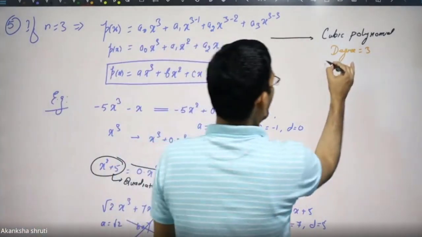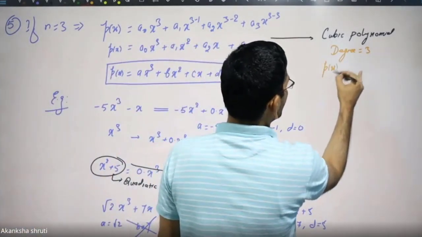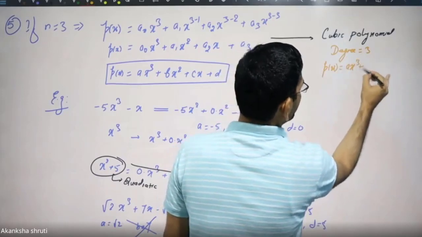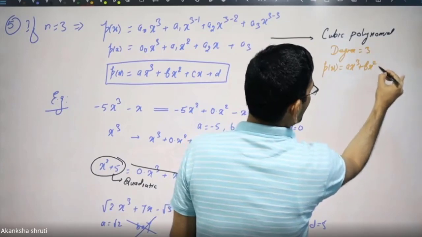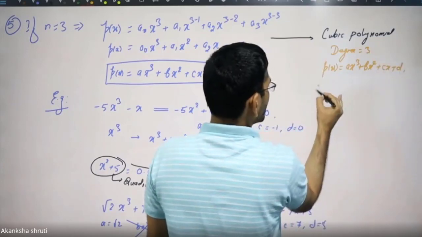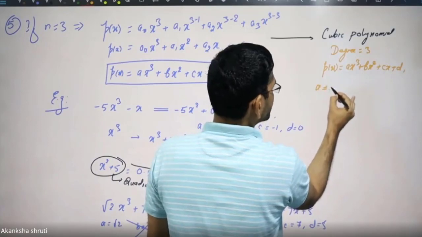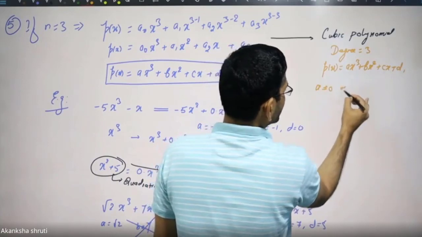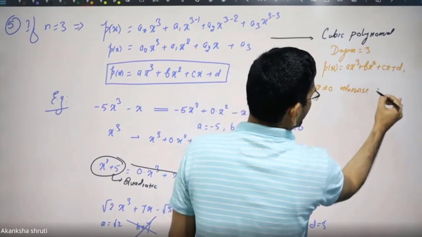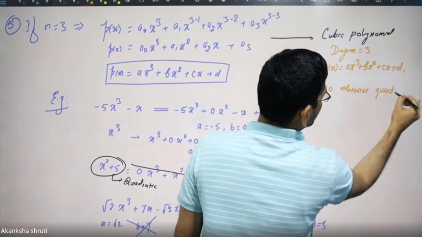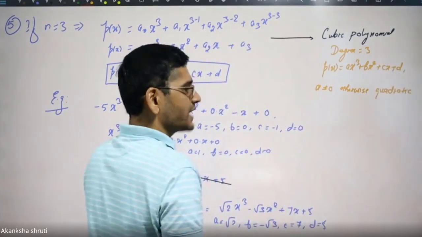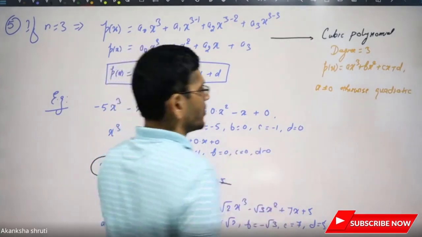The general form is given by ax cube plus bx square plus cx plus d, where a cannot be 0, otherwise it becomes quadratic, or if x square is also missing, then it becomes linear.